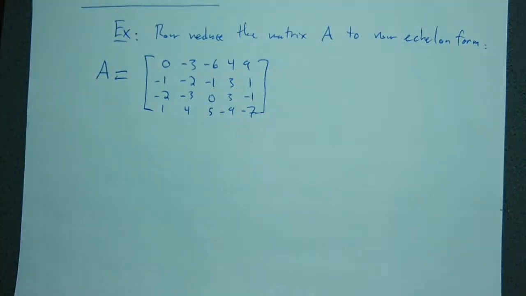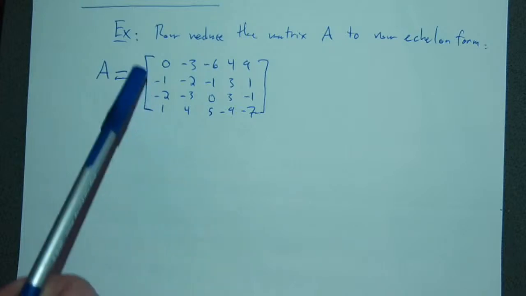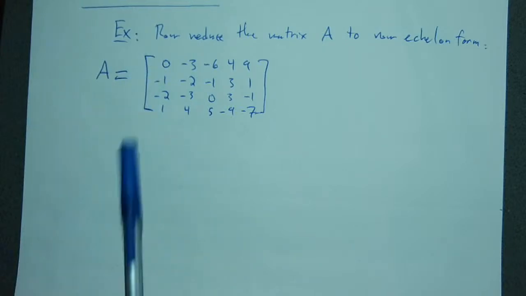So what do I do here? The idea is that I want to put a convenient thing, hopefully a 1, and in this case I'll be able to do it pretty easily, in this first upper left position. I want that to be a 1.